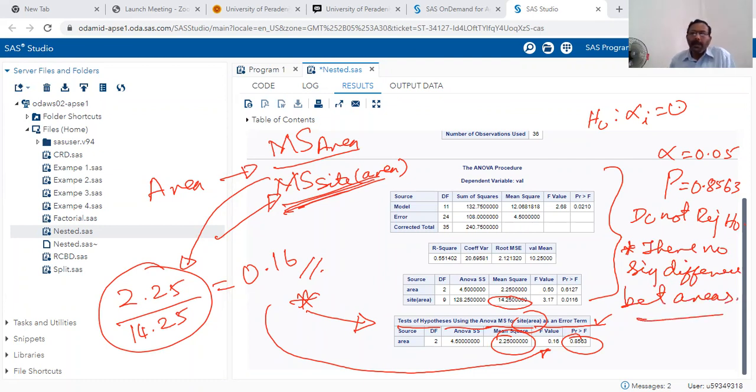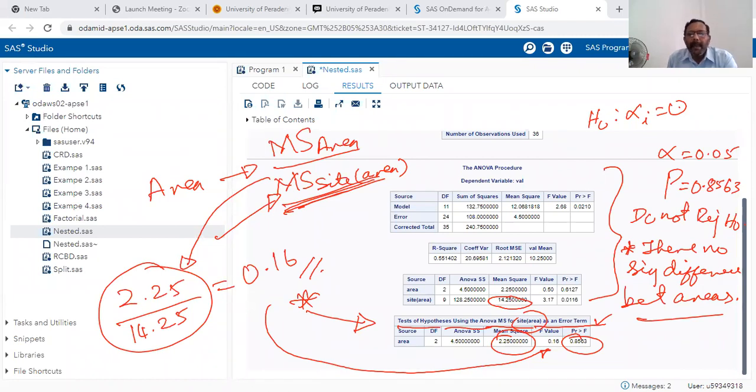This is my conclusion. On what will I say this? Maybe yield or value. There's no significant difference in yield among or between different areas. That is how we interpret it.